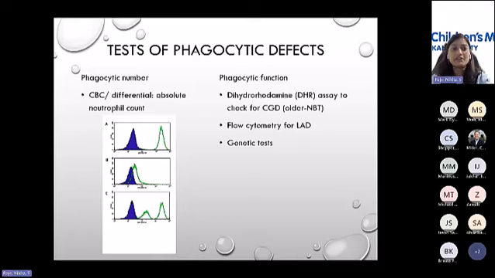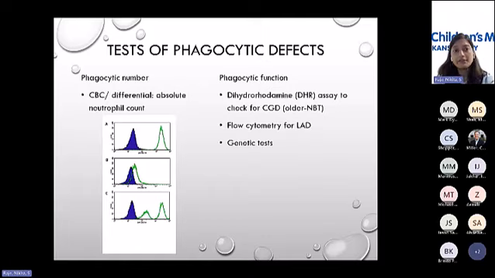Phagocytic disorders, when you test for these, you are again looking for your basic cell counts, looking for absolute neutrophil count, and then other than that, particular tests that you order for particular disorders, such as chronic granulomatous disease.